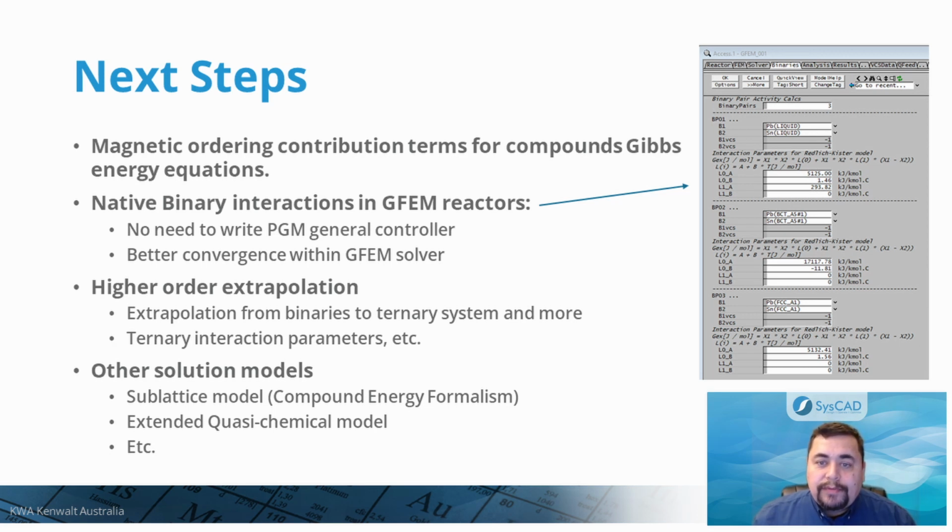That means extrapolation from binary to ternary or quaternary systems, providing ternary interaction parameters, etc. And of course, after this, the following steps would be to provide implementation for other solution models, not just RK, but very common models such as the sublattice model, extended quasi-chemical model, etc. could be implemented in the future.